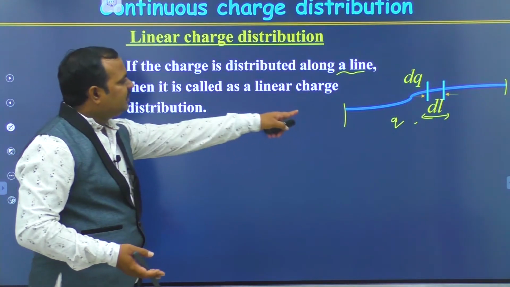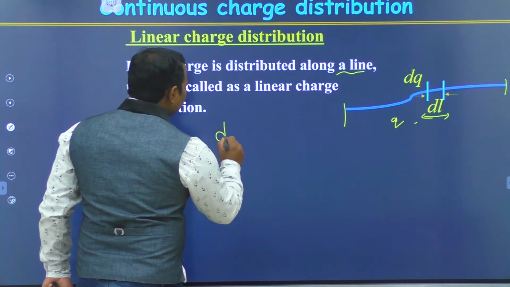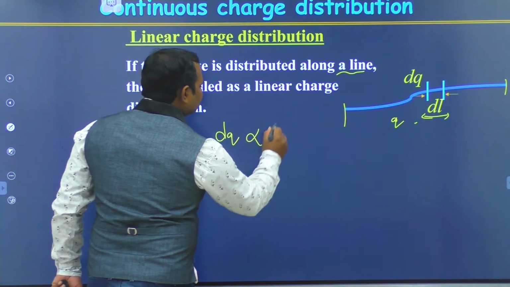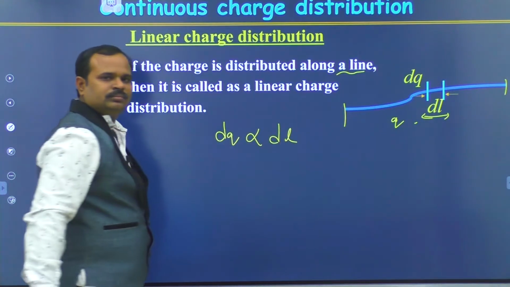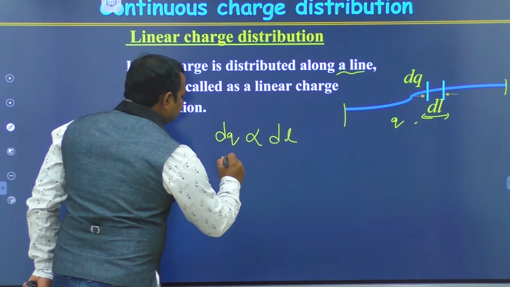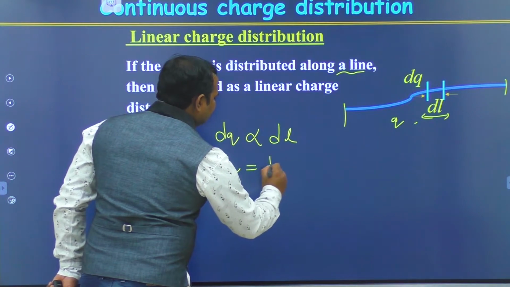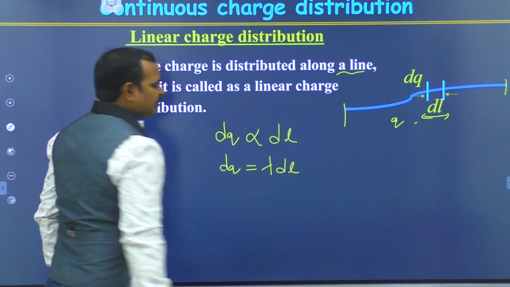Now if the charge distribution is uniform, then we can write dq is directly proportional to dl. If you replace this proportionality with a constant, we get dq equals lambda into dl.